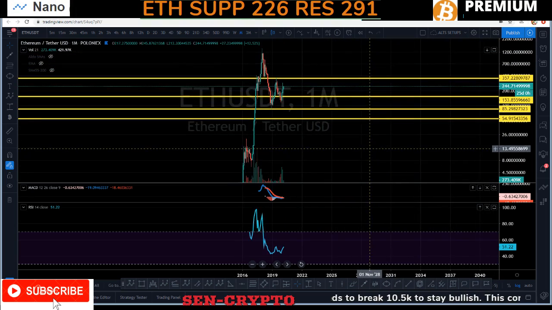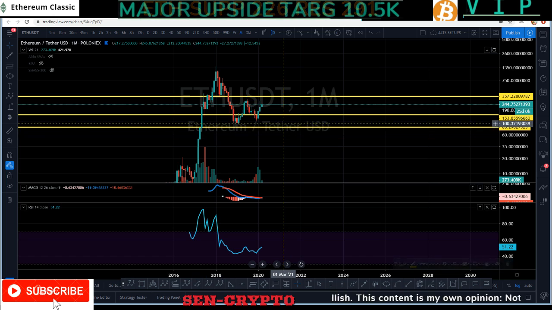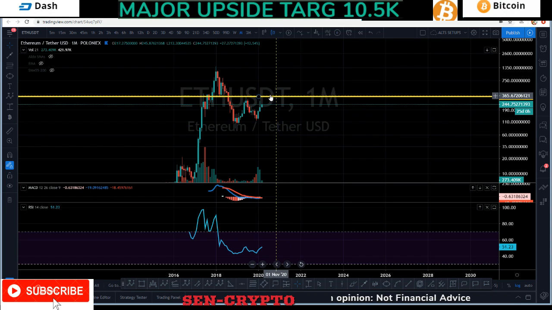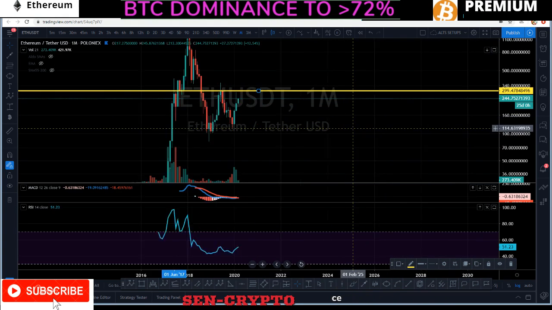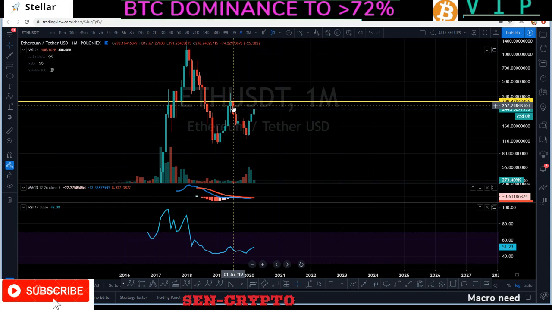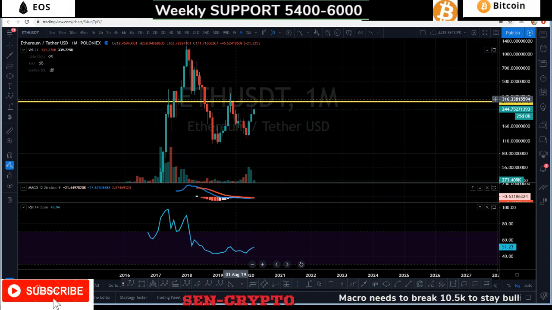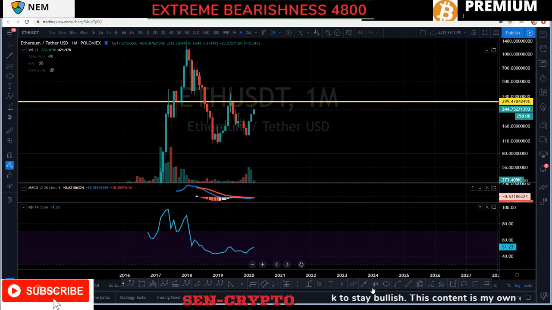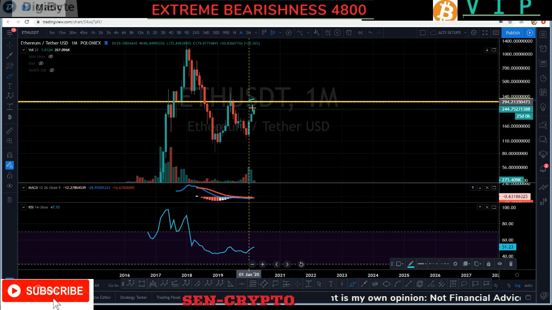On a monthly basis, we're looking for this line, okay, this yellow line. That's what we're looking for Ether to break, not exactly that yellow line, but if on a monthly basis we can close just about the April high, which was a 289 to 296 range, we're gonna be very bullish, okay, at least for the short term. So on a monthly basis, Ether is still bullish, but we got to be able to break this area, okay?